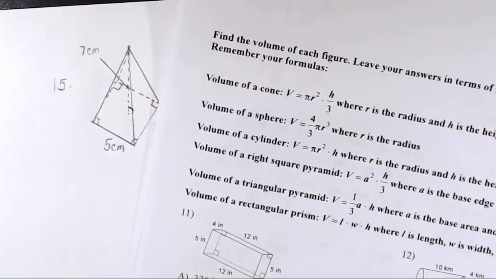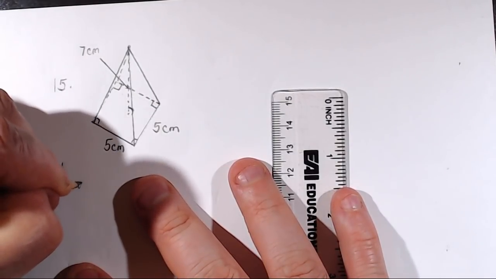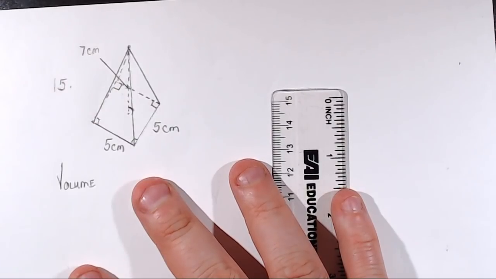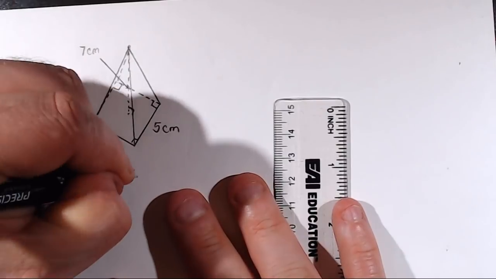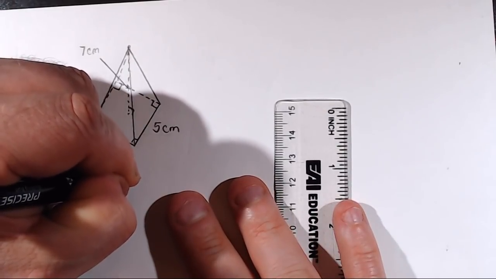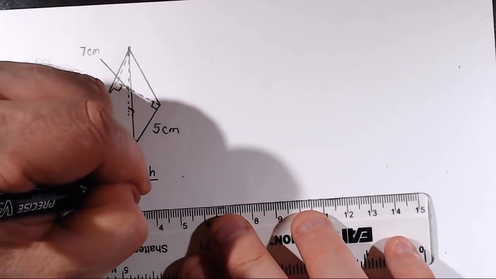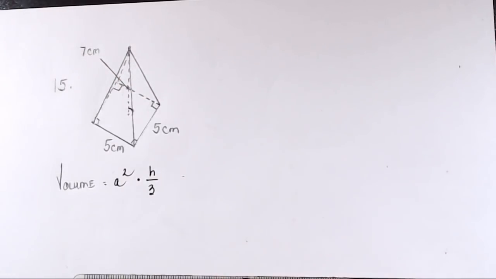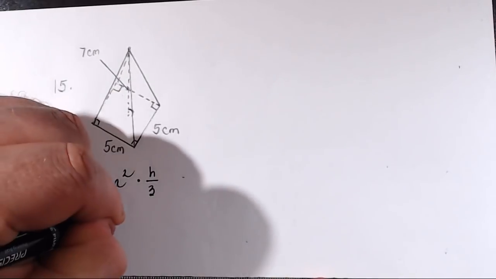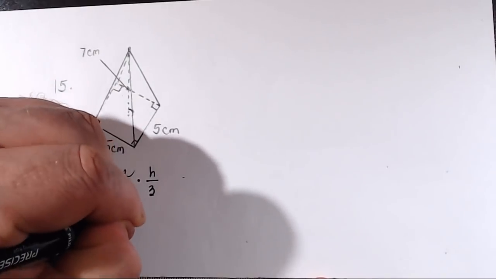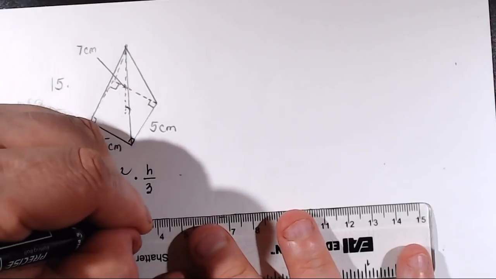So volume equals a squared times h over 3. And a squared is the base edge. So that's equal to 5 times h, which is 7, over 3.